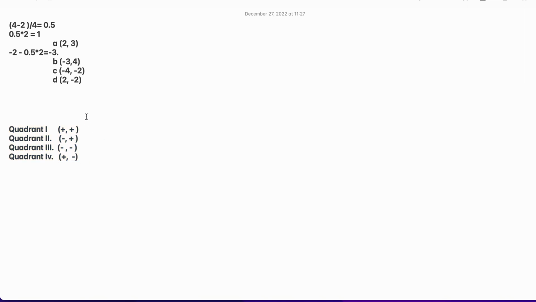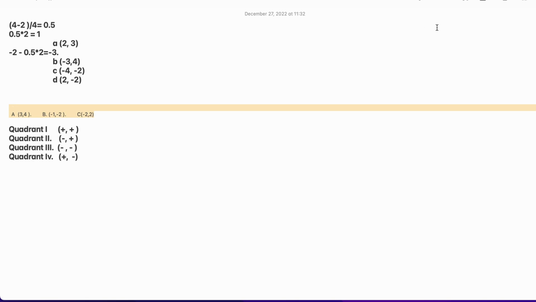What is the first point? It's A. And B, -1, -2, C, -2 and 2.